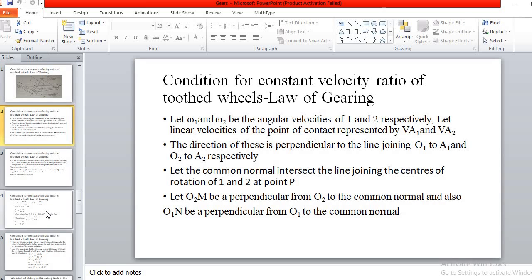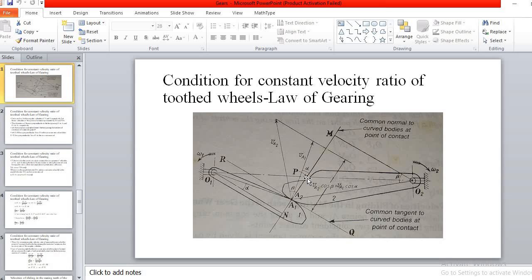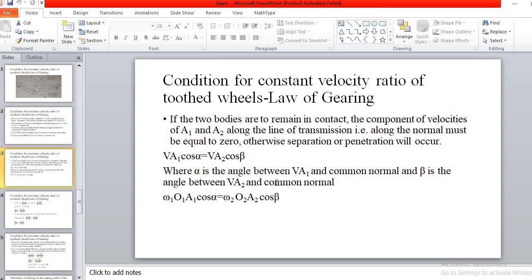That is written here: VA1 cos alpha equals VA2 cos beta. Alpha is the angle between VA1 and the common normal, and beta is the angle between VA2 and the common normal. For the linear velocity we can write V equals R omega.